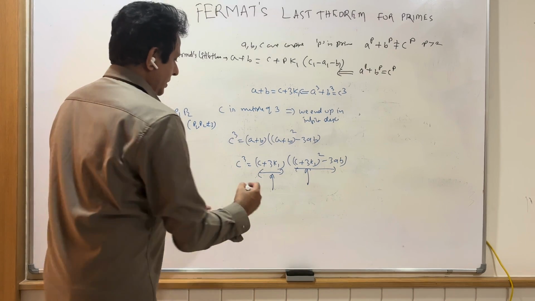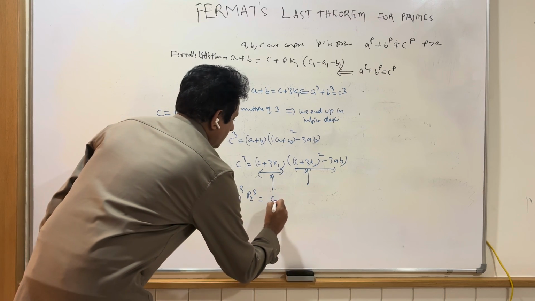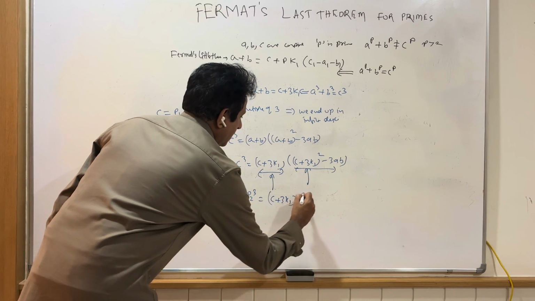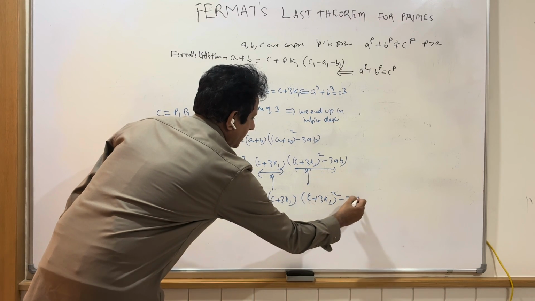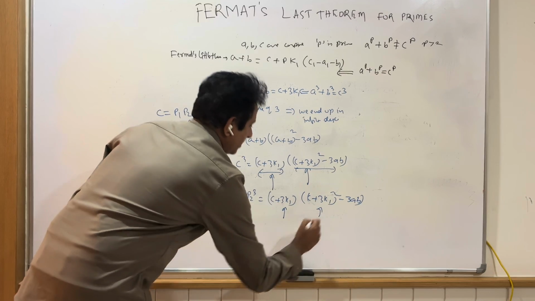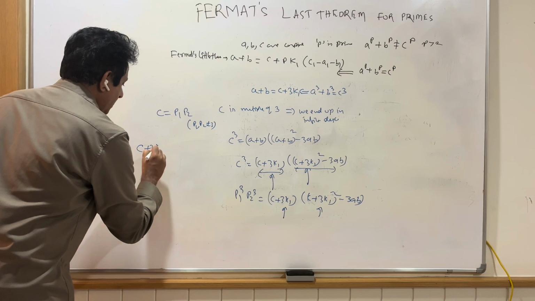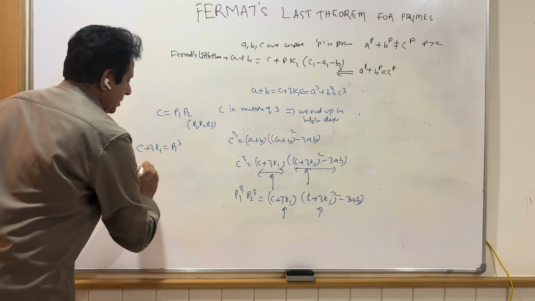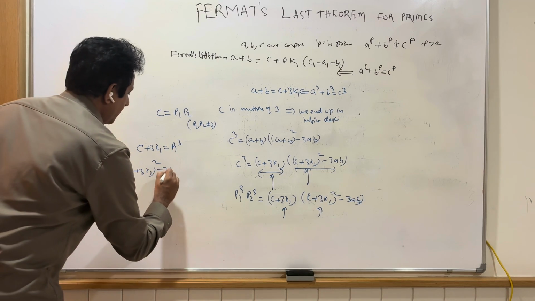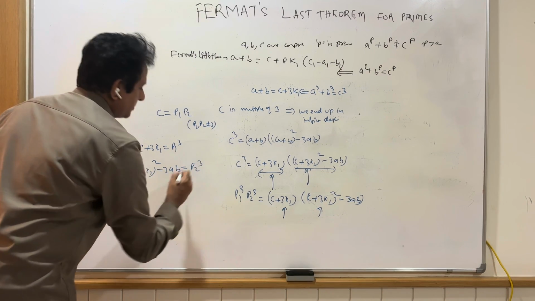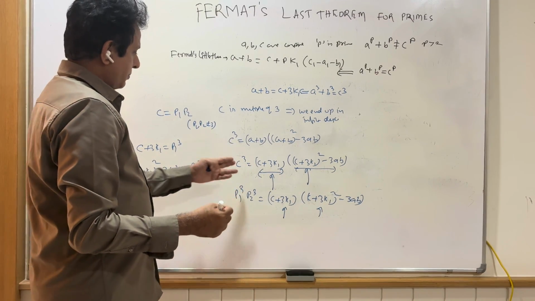Since c cube is p1 cube p2 cube, c plus 3k1 and (c plus 3k1) whole square minus 3ab, these two are also co-prime. There is no common factor. That means that c plus 3k1 must be p1 cube and (c plus 3k1) whole square minus 3ab must be p2 cube, because when you cube it, the factors remain the same.